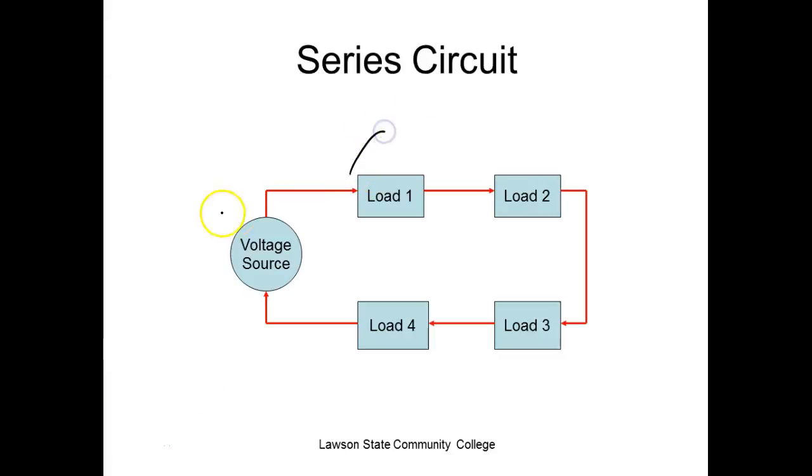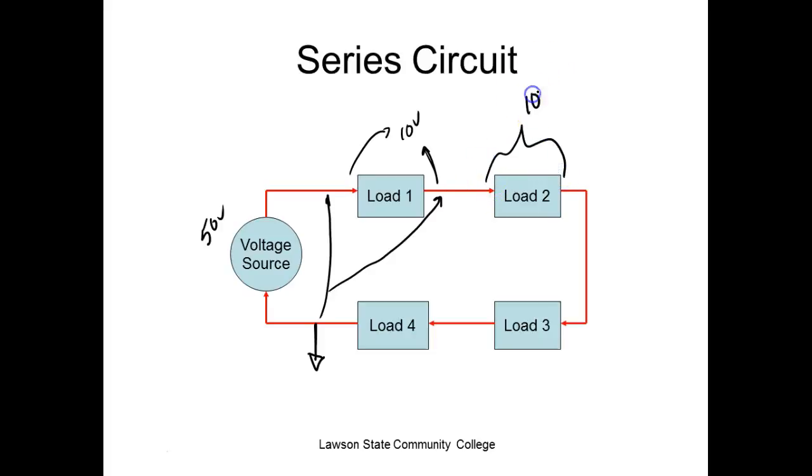So let's say we have 50 volts applied, and this drops 10 volts. If I use this as a common and hook my meter here, I'd measure 50 volts. If I measure here, I'd measure 40 volts. Everybody understand that? And let's say this one right here drops 10 volts.